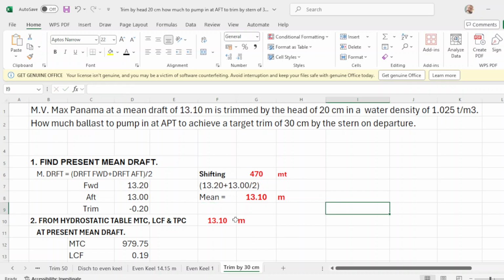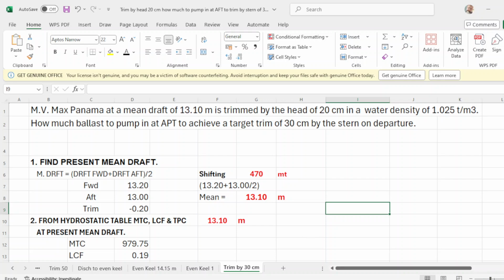And your mean will be 13.10. You are trimmed by the head because you have more draft forward than aft, so that's why you're negative 0.20, meaning you are trimmed by the head.